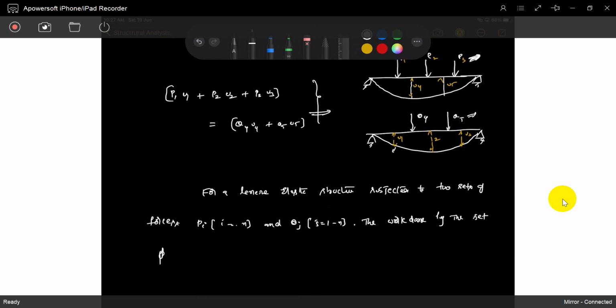P, the work done by the set P, this is also work done, this is actual work done.